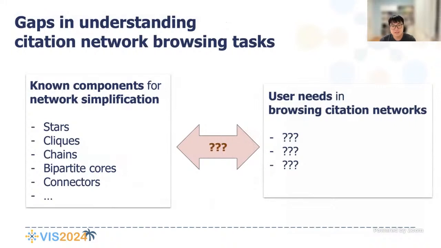However, existing studies on network simplification are mainly about general networks and not about academic browsing. So the simplification targets are often structures like stars, cliques, or chains, but it's unclear how these components are meaningful in an academic context. And also it is unclear what users need from the citation network in the first place.